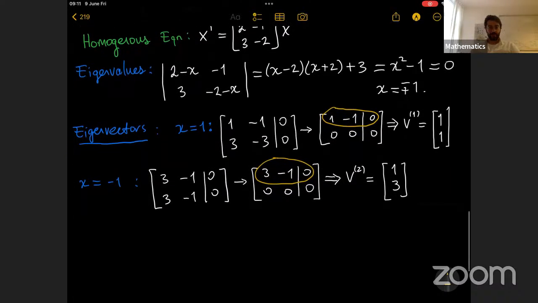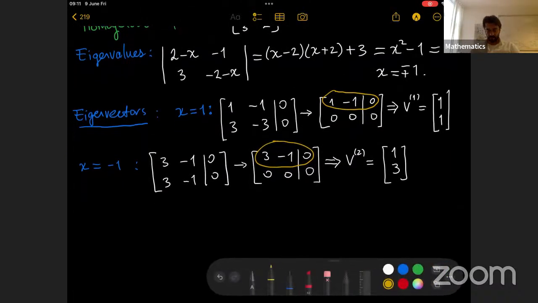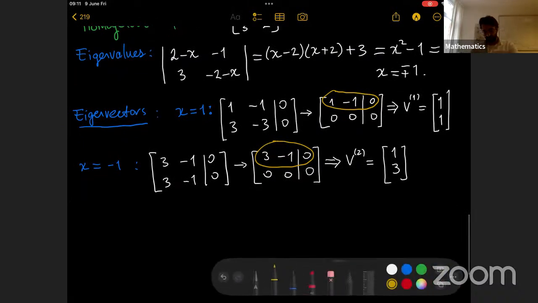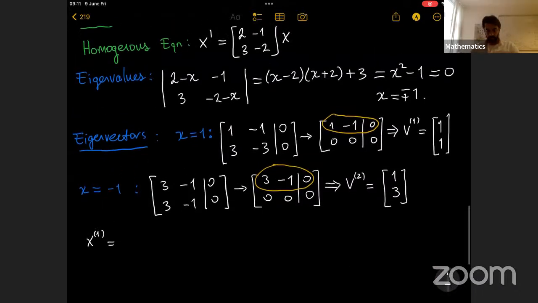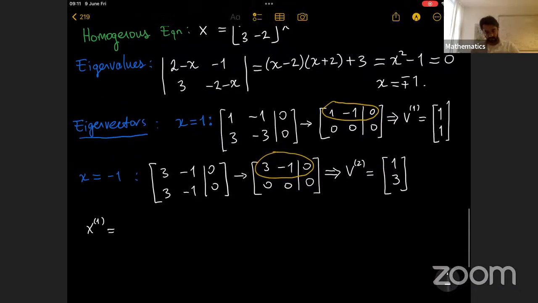Well, let's write the fundamental matrix, or maybe let's write the solutions for the homogeneous equations. So maybe let's say x1 is, the eigenvalue was 1 in the first one, e to the t times 1, 1. x2 is e to the minus t times 1, 3.